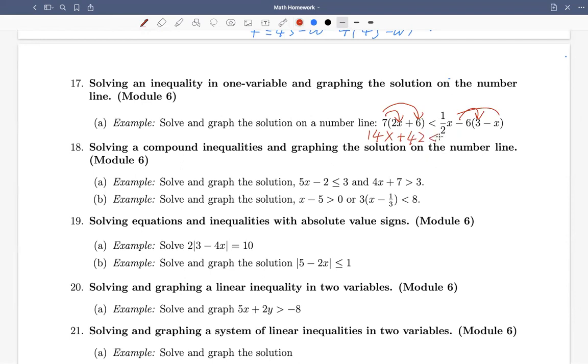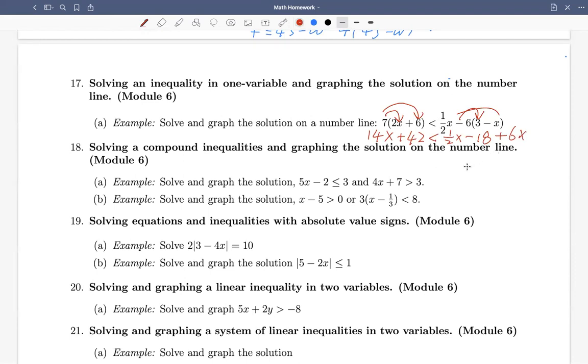Less than sign, half x. Then -6 times 3, that's -18. -6 times negative x, negative times negative becomes positive, so we get a positive 6x.